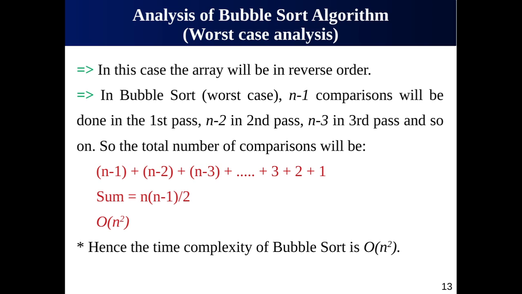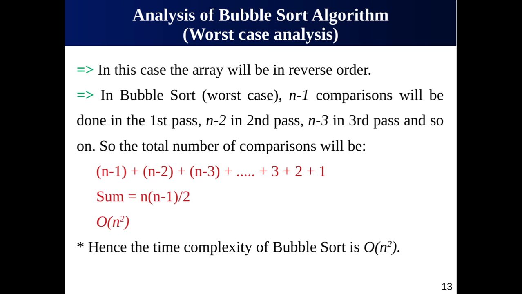Here we have n square and n, but we have to consider only the n square. And also we need to ignore the leading constant, if any. So you can also ignore 1 by 2 or 2, whatever it is. And then what will be left is n square. So big O of n square is the worst case running time of the bubble sort algorithm.